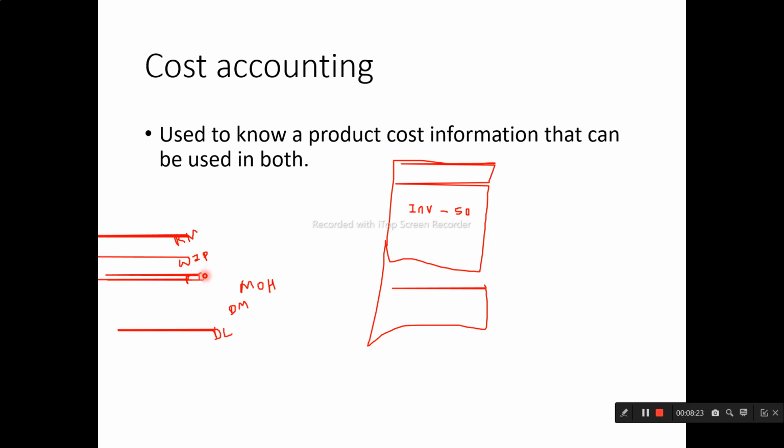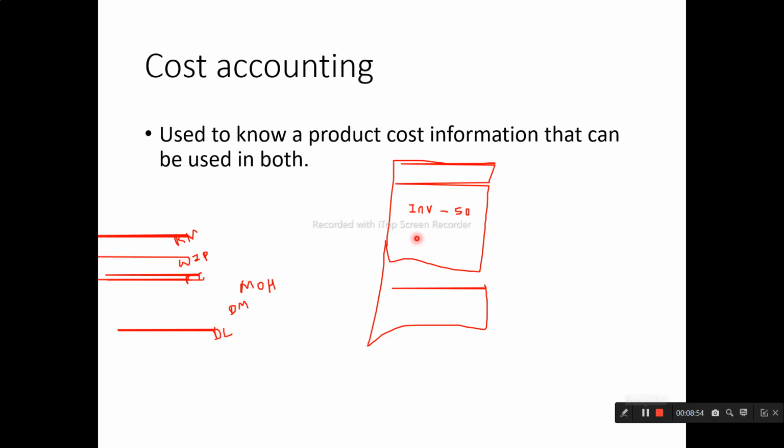Finally, it gives us the final cost of that product that can be written on the balance sheet when we prepare a financial statement for external users using financial accounting. Also for managerial accounting, a manager might need some cost information in order to decide. So for internal purpose reports, we can also use cost information from cost accounting.